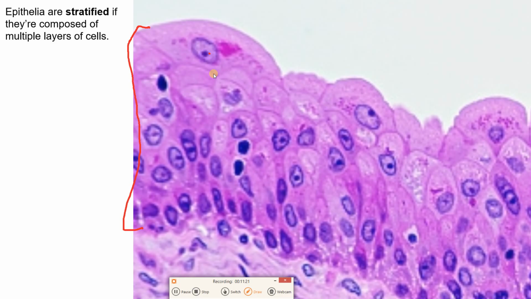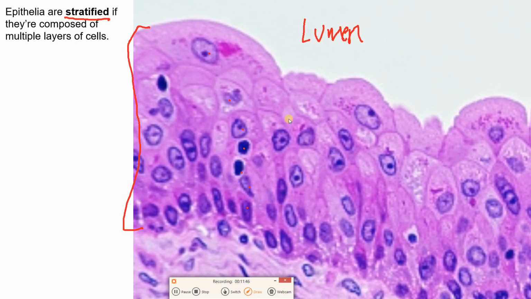And look, nucleus, nucleus, nucleus, nucleus, nucleus, nucleus, nucleus. So I got just cells stacked upon one another. Here's my lumen up here. And I got cells stacked upon one another. And if I have multiple layers of cells, that is said to be a stratified epithelia.